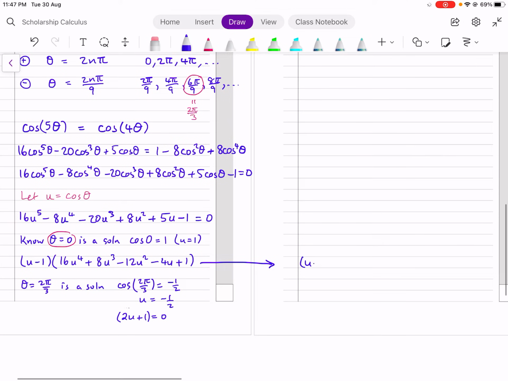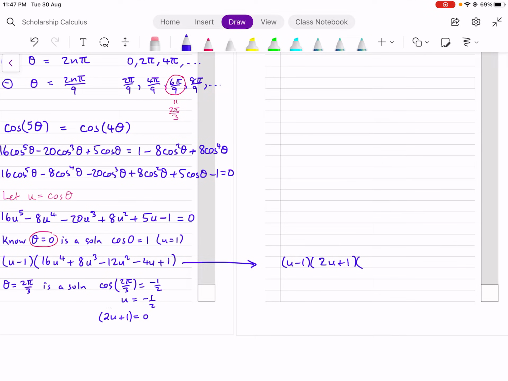So u minus 1, 2u plus 1, and this will be 8u cubed. What I'm trying to do is make this out of this. So I've got 16u to the 4. I've now got 8u cubed, and I don't need any more u cubed, so I don't need any u squareds in the next thing.